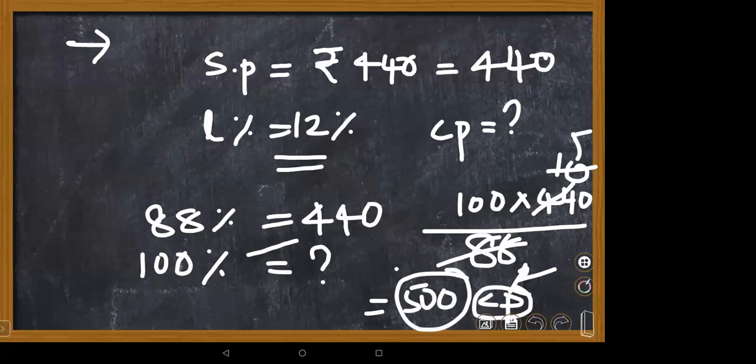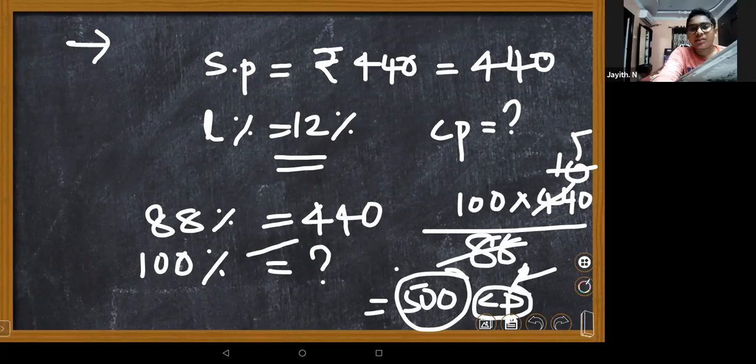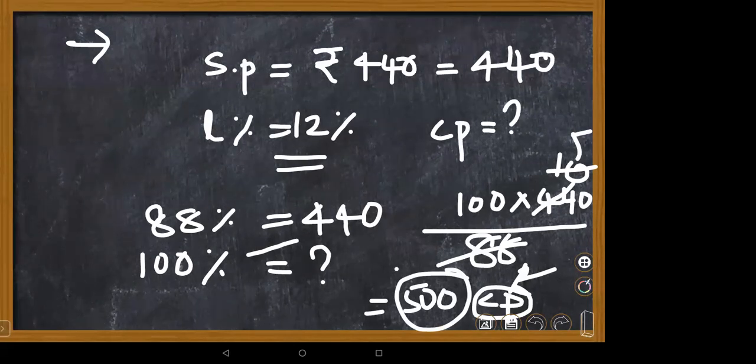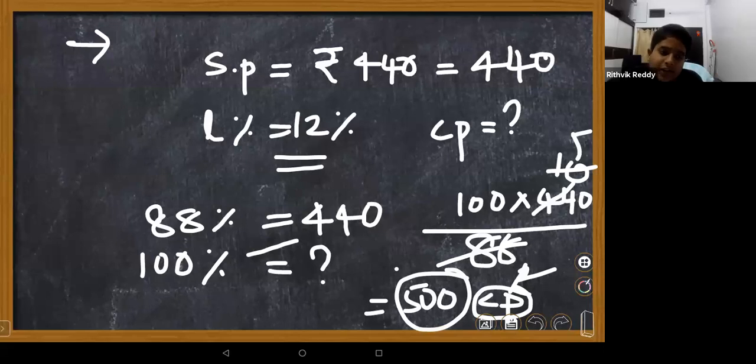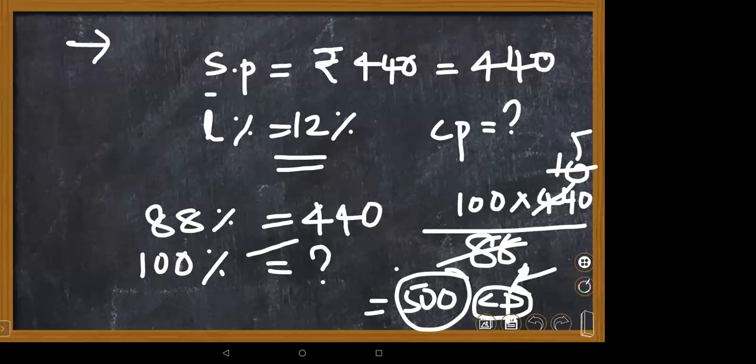Children, any doubt over here? Very good. But why did you find the cost price? Because they gave us loss. Loss means you get less than the cost amount.